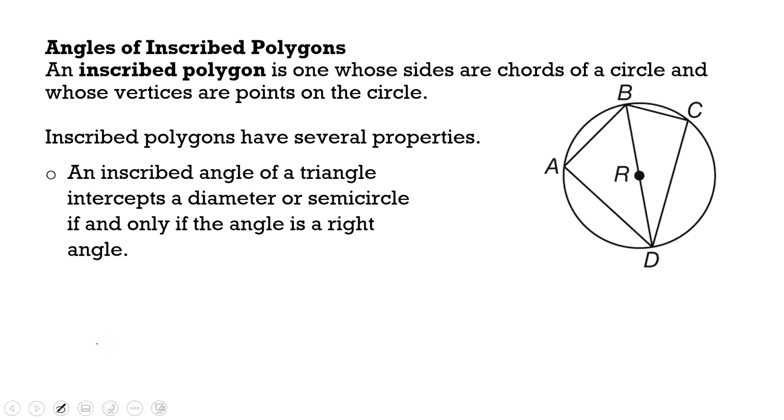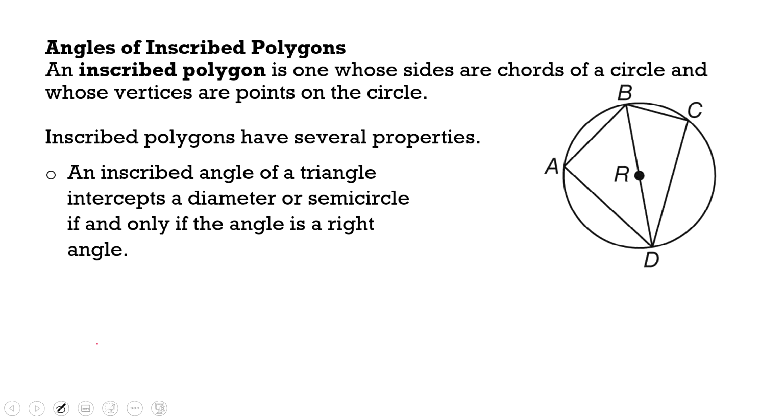So an inscribed polygon, if it's a triangle, and that triangle intercepts a diameter, so if one of the sides of the triangle is a diameter of the circle, or it's opening up on a semicircle, then it's a right angle.